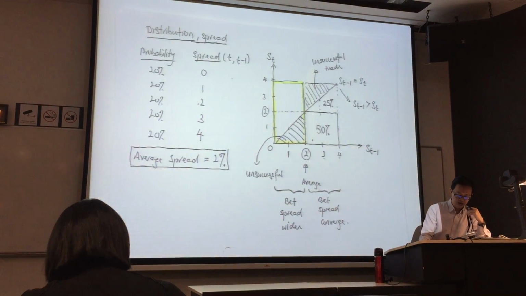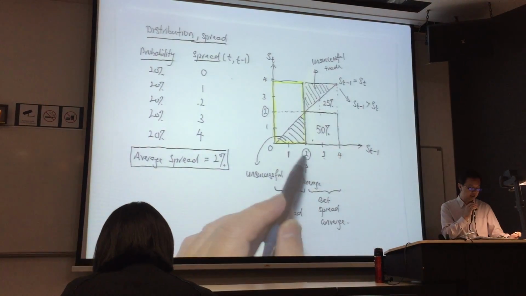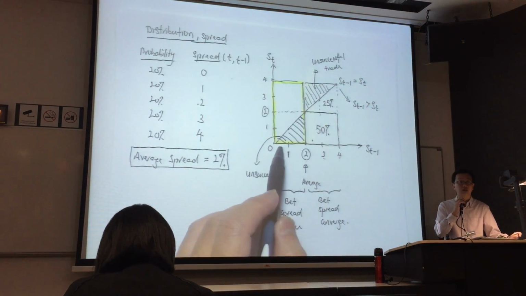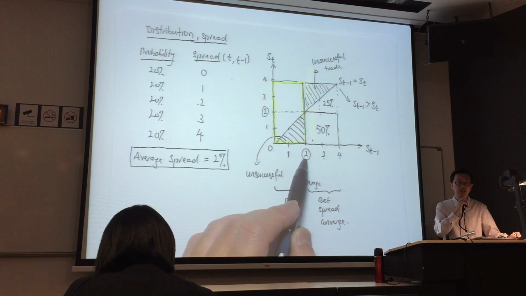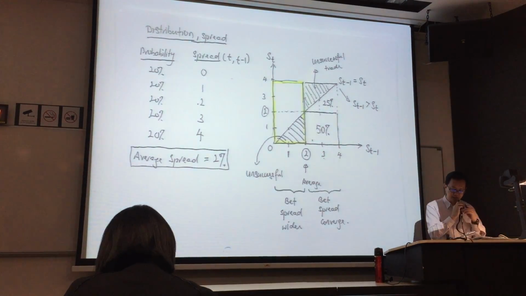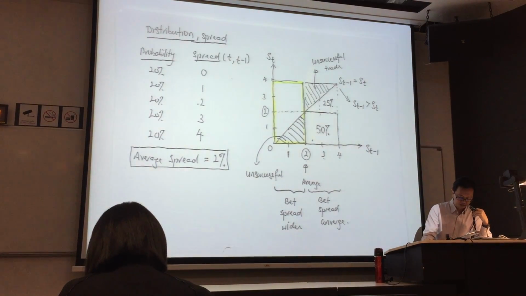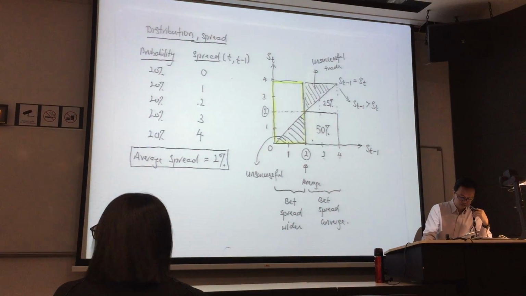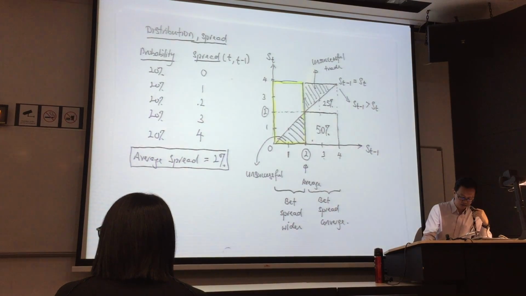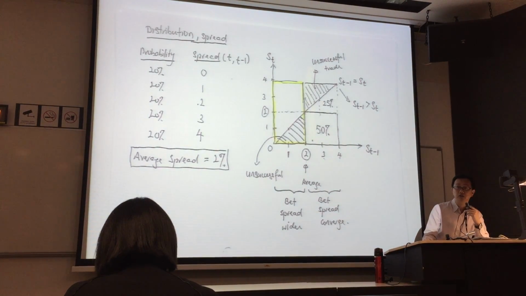This situation is talking about the length of this point 2, so the average is E[ST]. Actually, this is an error. It should be S(T minus 1). You should be comparing the spread at T minus 1 to the average spread for T minus 1.